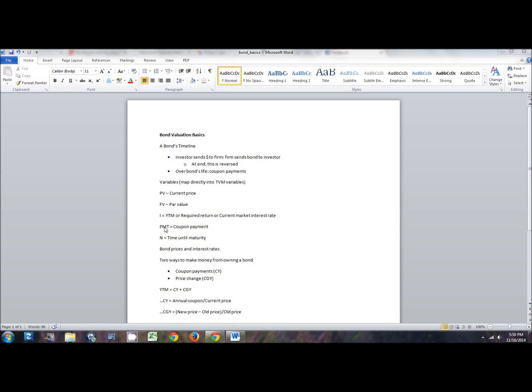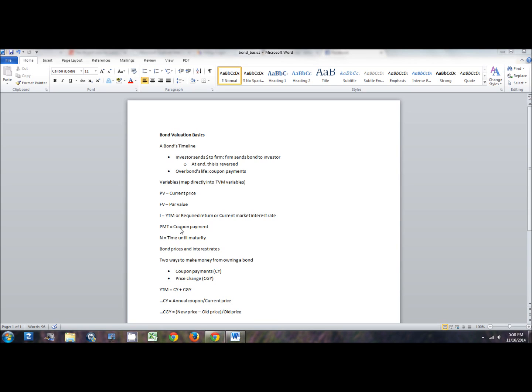To find the coupon payment when you have the coupon rate, it's very simple. You simply take the coupon rate times the par value, and that will give you the coupon payment. So if the coupon rate is 5% and the par value is 1,000, then 5% times 1,000 is $50. So your payment in here would be $50, and that's how you would find the coupon payment.